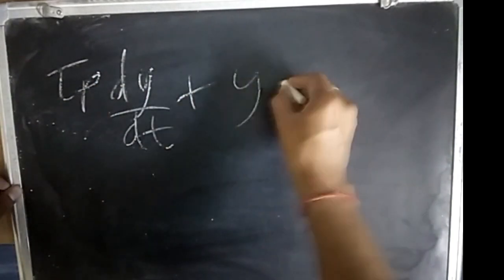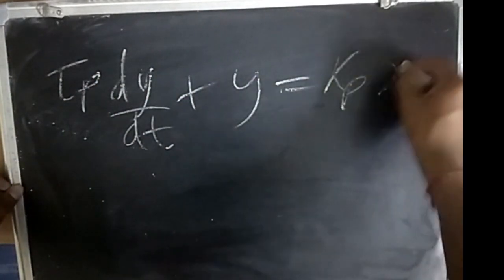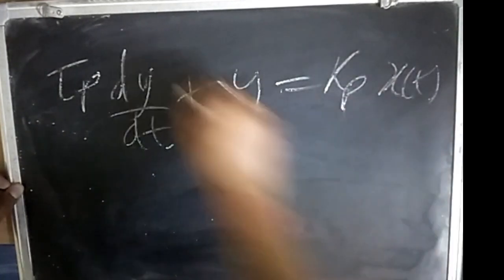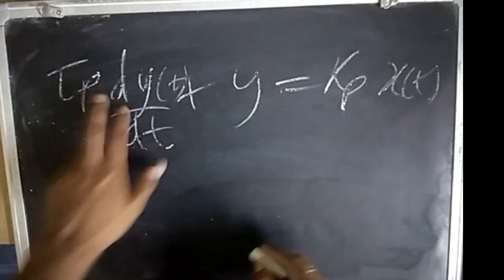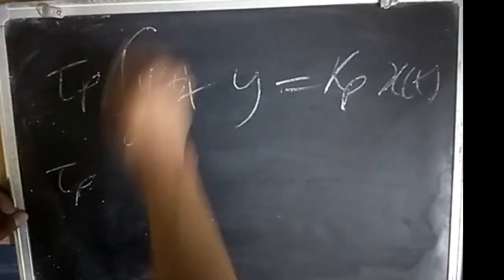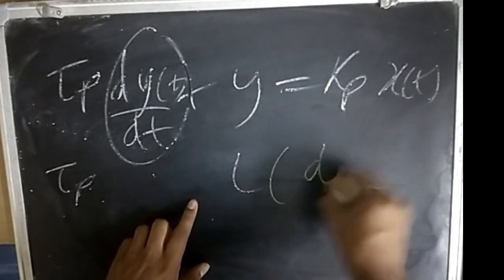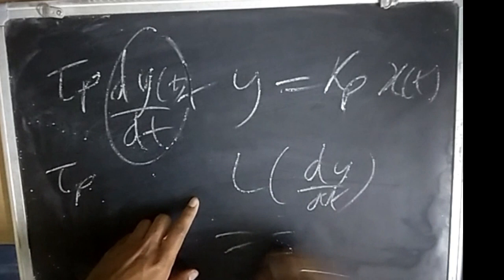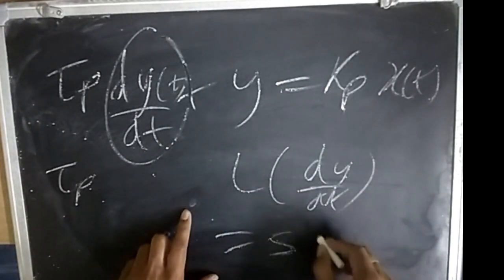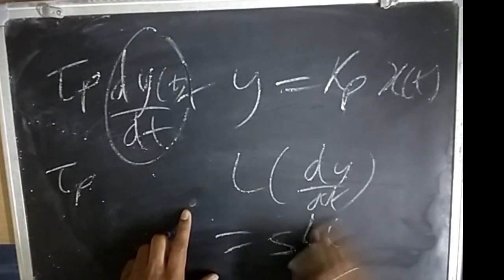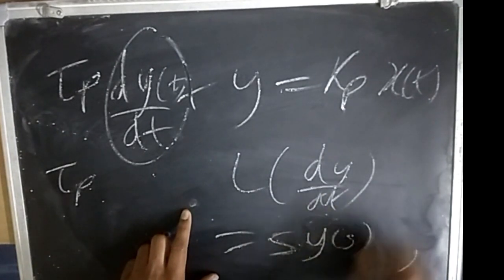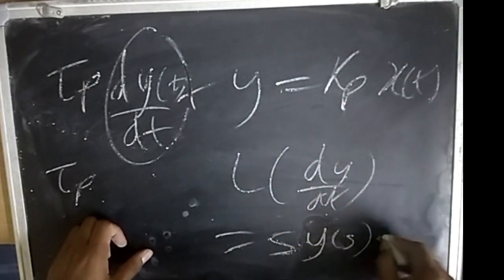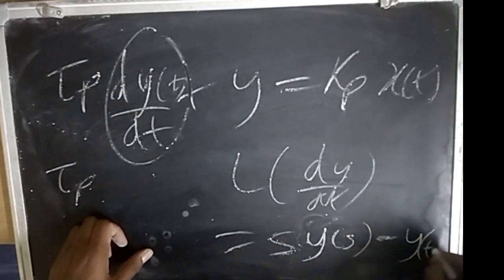For a first order system, the general equation is tau p dy upon dt plus y is equal to Kp x, where y and x are functions of t. When we take the Laplace transform, the Laplace of dy by dt is s into y of s minus y at t equal to 0.